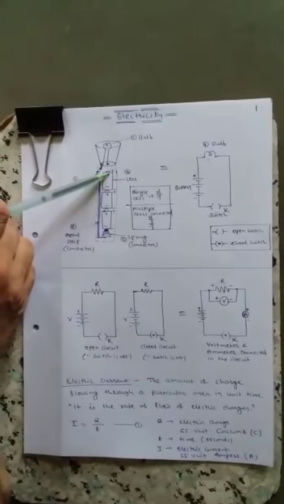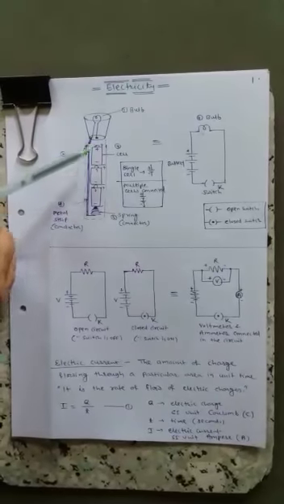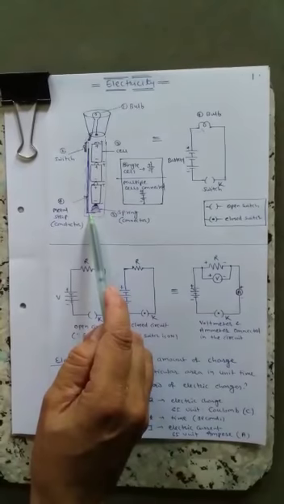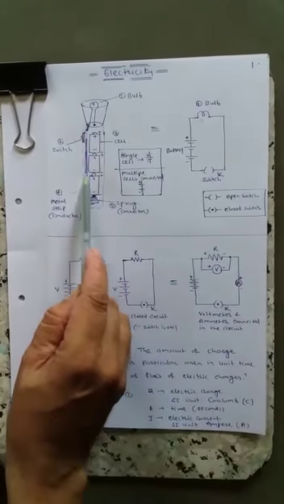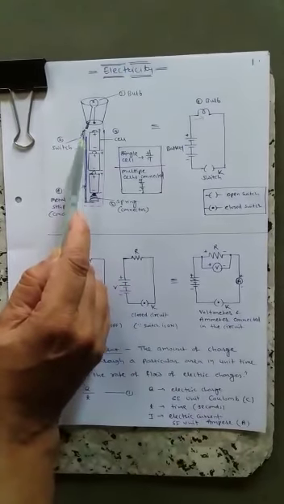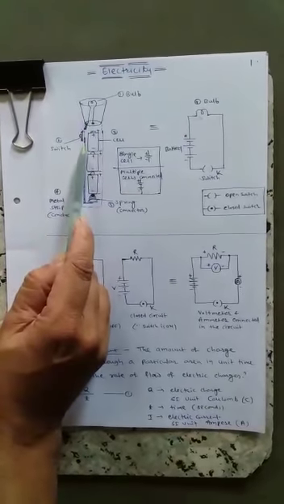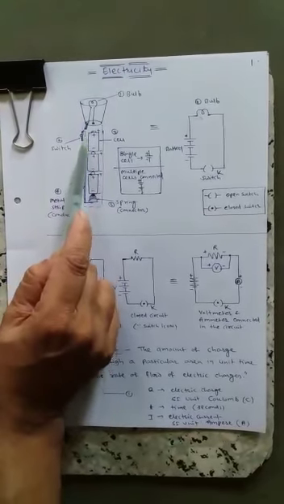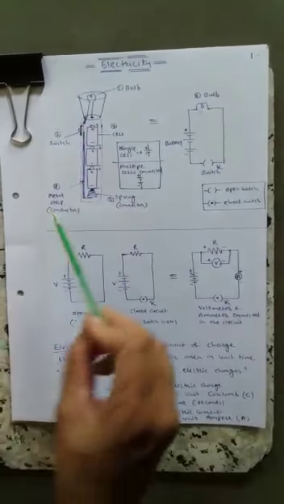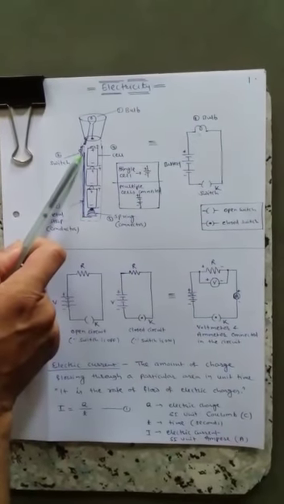Now this plus terminal is connected to one terminal of the lamp, and the negative terminal is connected to this metal conductor, or metal strip, and this metal strip is connected to the other terminal of the lamp. But what you are observing is that they are not connected to each other; there is a gap between them.